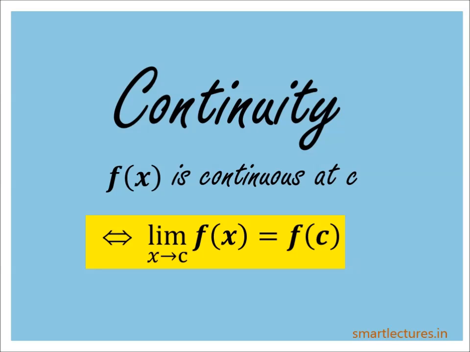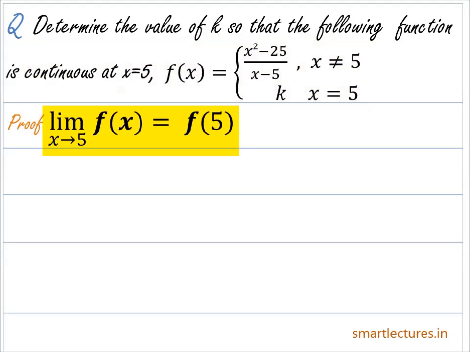So the given function will be continuous at x equal to 5 if and only if limit x approaches 5, f of x is equal to the value of the function at x equal to 5, or f of 5. As per the definition of the given function, if x is equal to 5, then f of x is equal to k. So that means f of 5 is equal to k.